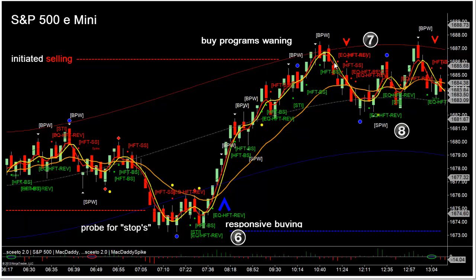Price made a modest higher high, trading up to 1687, following which the buying interest fell away, buy programs waning occurred at the high, and the S&P pulled back down to where the earlier buying had occurred at 1682 and auctioned back up to retest the high into the close.